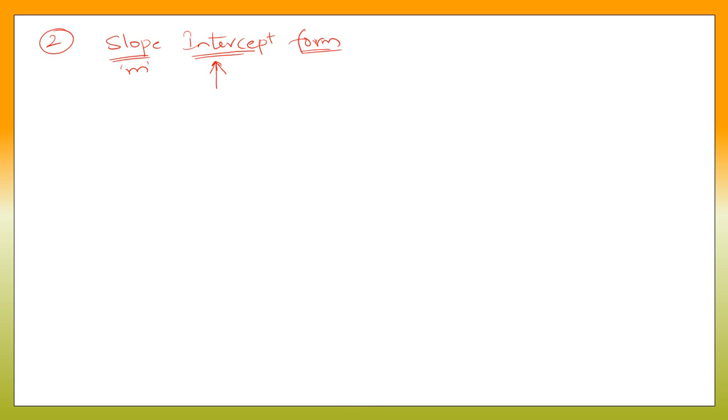First of all, we are going to consider y intercept. Now what is meant by intercept? We need to have an idea of that. This is my x axis and y axis. When I draw a line, this line intersects the x axis as well as the y axis at two distinct points.